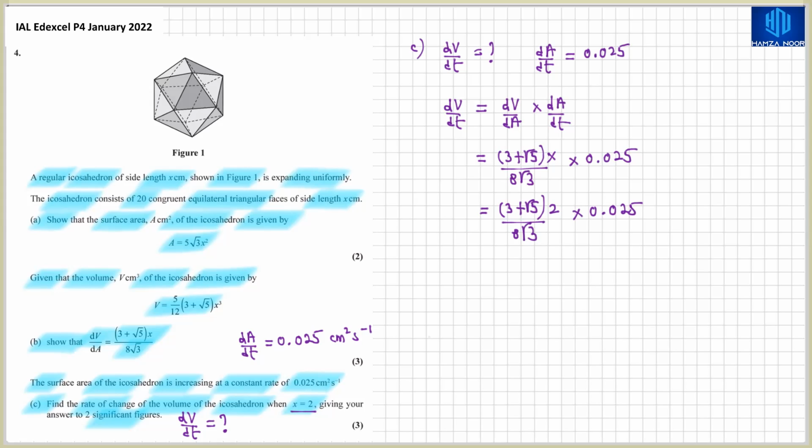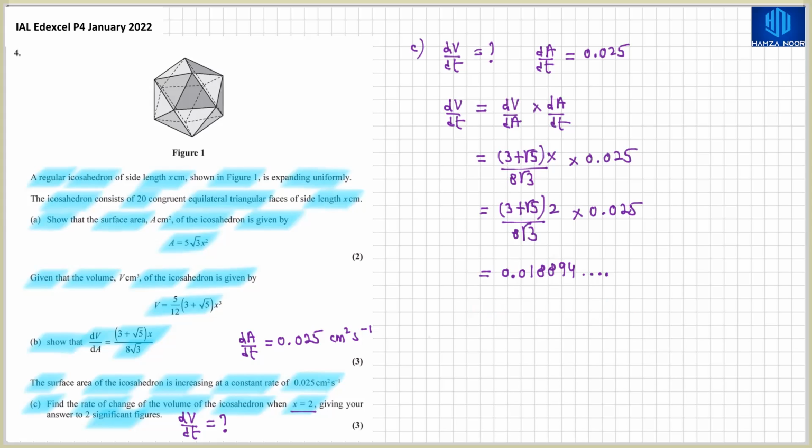So all we need to do is just evaluate this value. So put this whole thing in your calculator, and therefore we get a value of 0.018894, and so on.